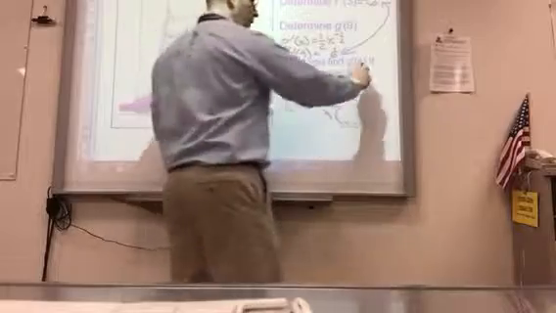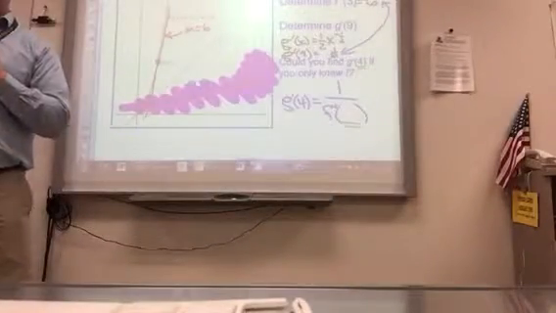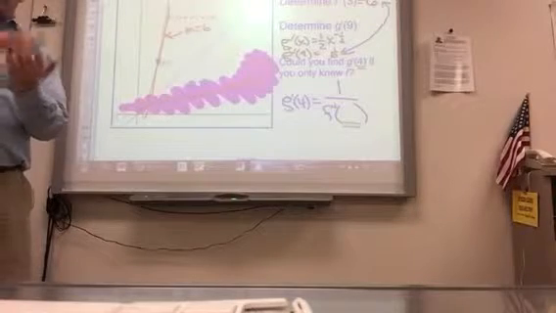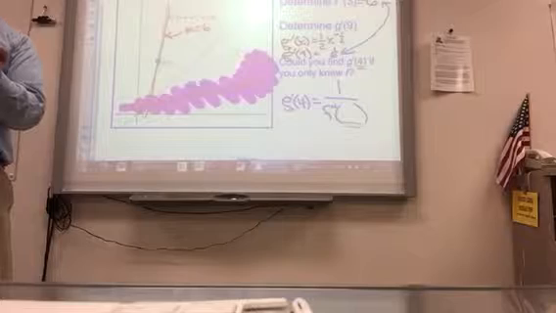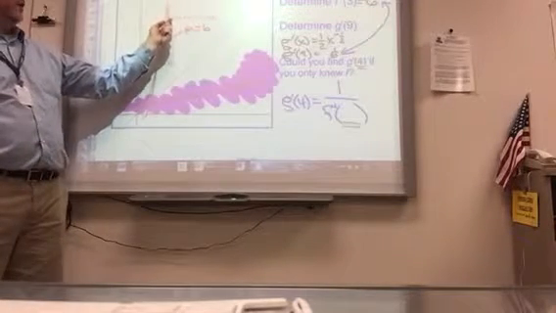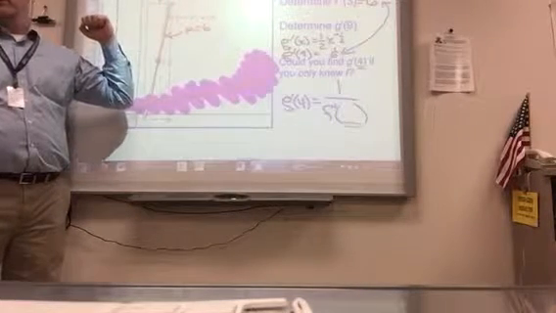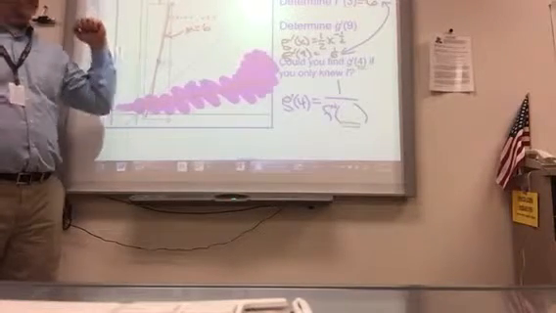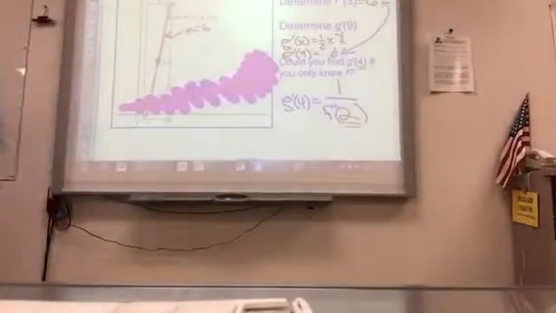So 4 is really the x-coordinate of g, but if it's the x-coordinate of g, it makes it the y-coordinate of f. And if 4 is the y-coordinate of f, what do you get for x? 2, right?